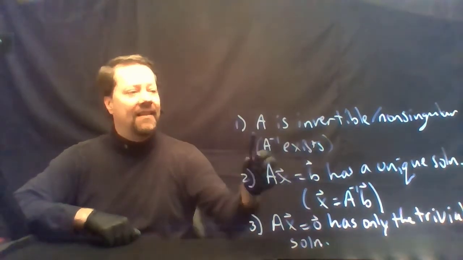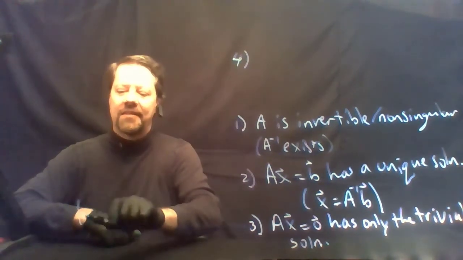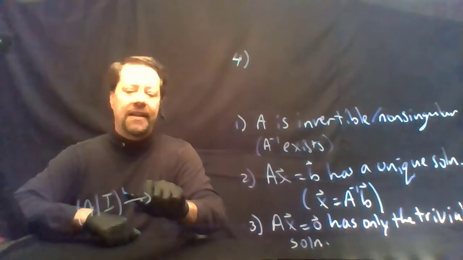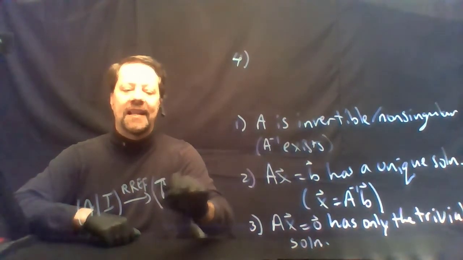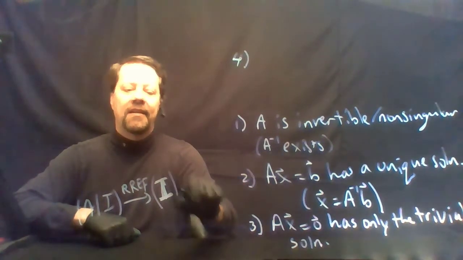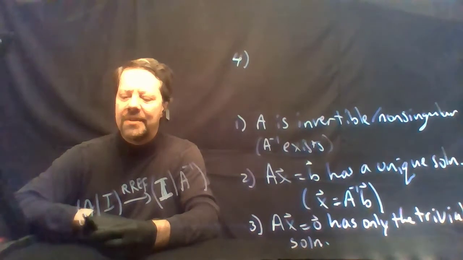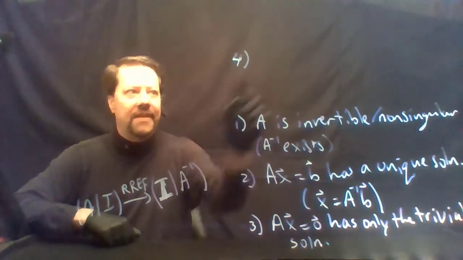As we've seen, if A inverse exists, then in the process of going from A abutted to the identity matrix and finding the reduced row echelon form, you end up with the identity matrix and then A inverse on the right. That means you can perform a sequence of elementary row operations on A and reduce it to the identity matrix.